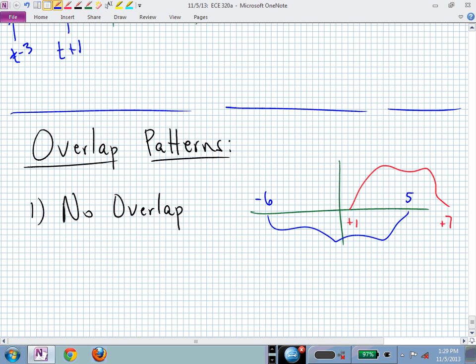I'm trying to define what I mean by overlap. What I mean by overlap is their intervals of support overlapping.